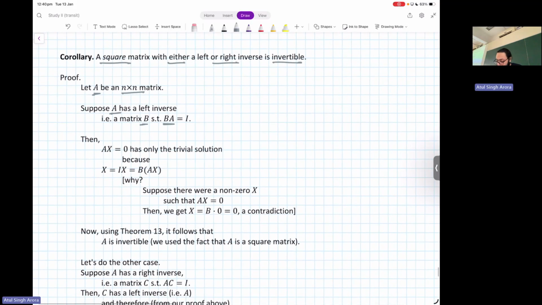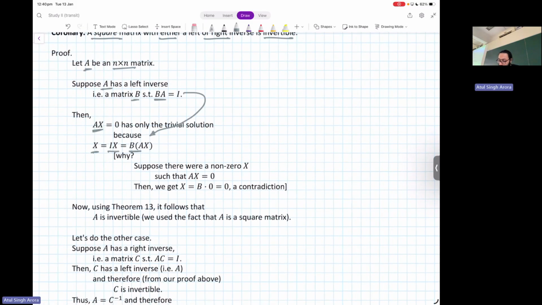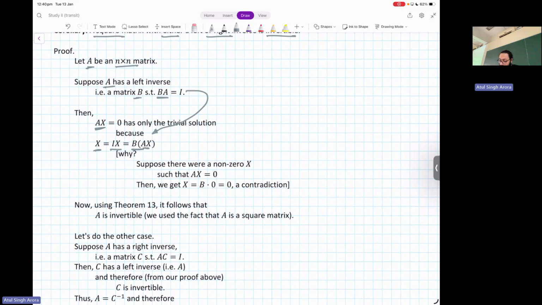And now we know that AX equal to 0 has only the trivial solution, right? So let's work it out. So x we can write as identity times x, this is fine. And identity we can write as B times A, right, because of this over here. And now one can use associativity, and you can multiply AX and get this.